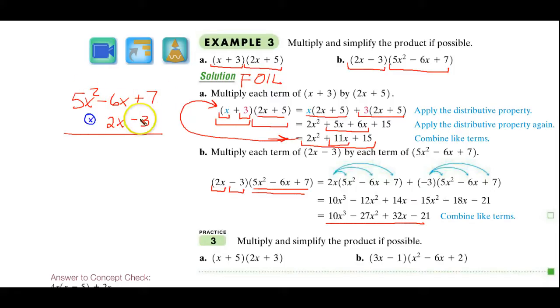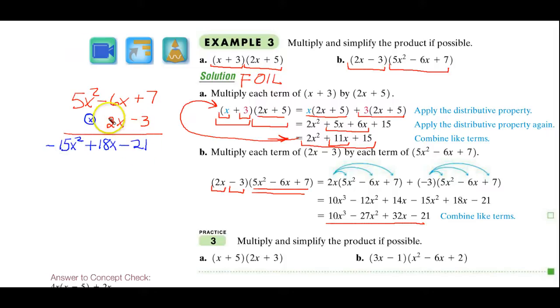So now what we're going to do is take each of these terms and multiply it by the top row. So negative 3 times 7 is a negative 21. Negative 3 times this is a positive 18x. Negative 3 times this is a negative 15x squared.